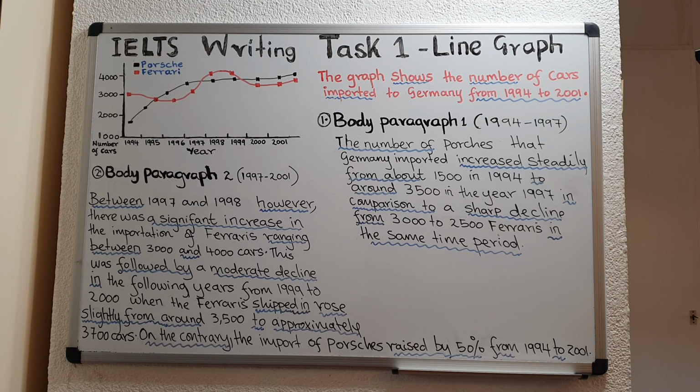And then after that, I have to talk about the Ferraris. To do that, I used the linking word in comparison to, because remember, your writing task 1 is all about comparing and contrasting. So in that paragraph, I have compared and contrasted Porsches in the year 1994 to 1997.